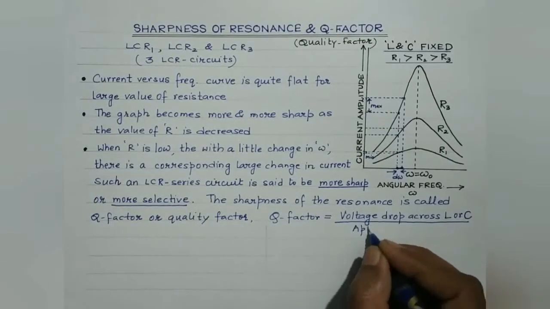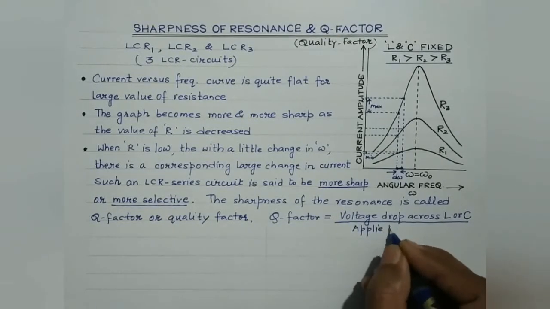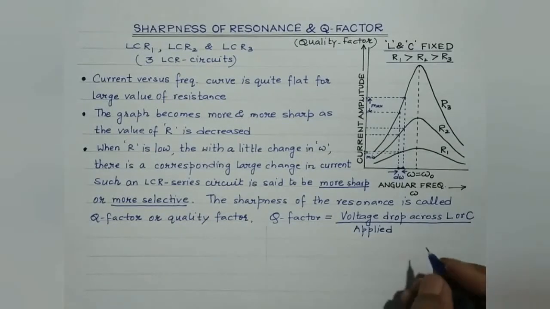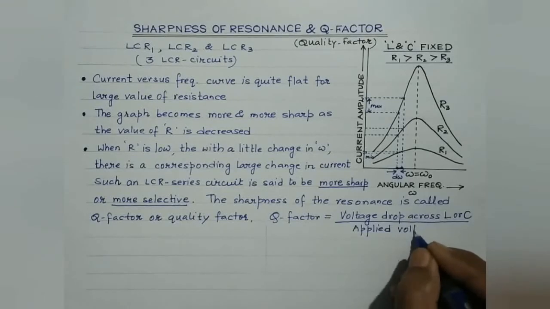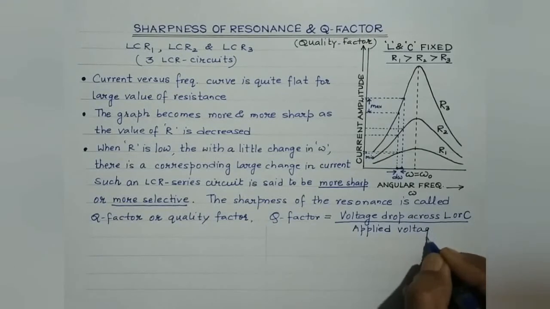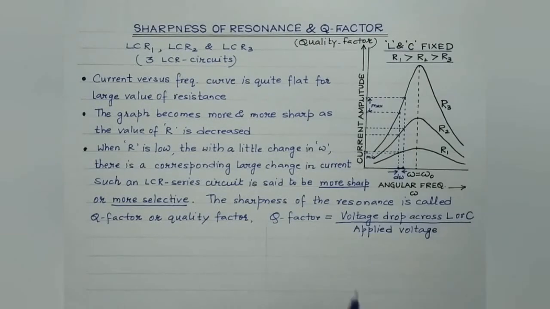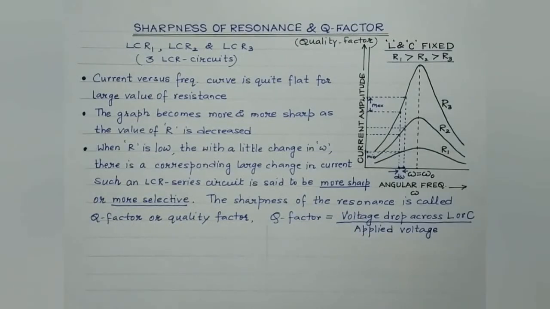And at resonance, the potential drop across the resistor is equal to the applied voltage, E is equal to VR, right?